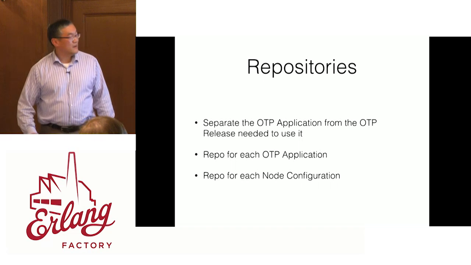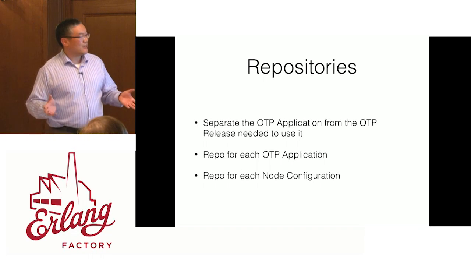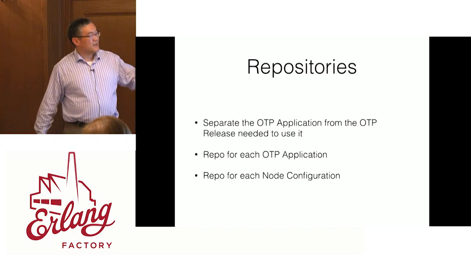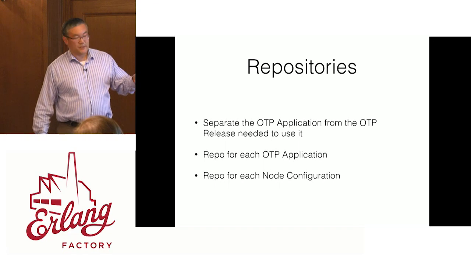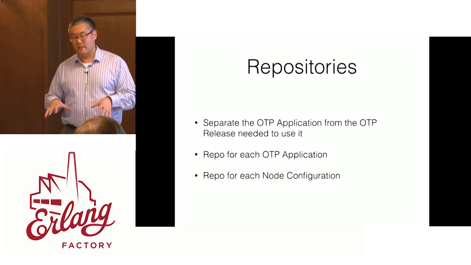And so that's what we need to do on the application side. Again, it's not a lot. But the real challenge is to separate the OTP application from the release that's using it, right? We don't want to put the two things together in the same repository.